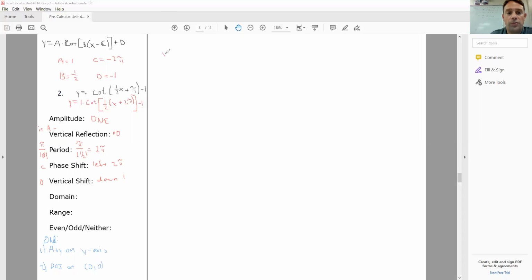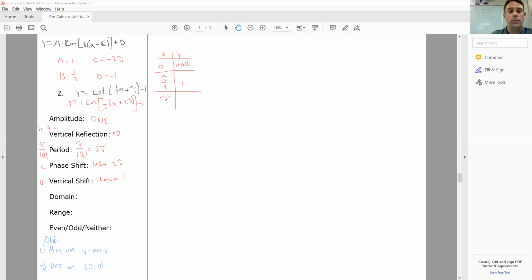So my values for cotangent: 0 and undefined. Pi over 4 and 1.